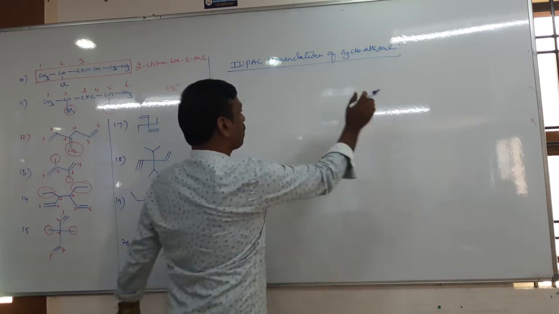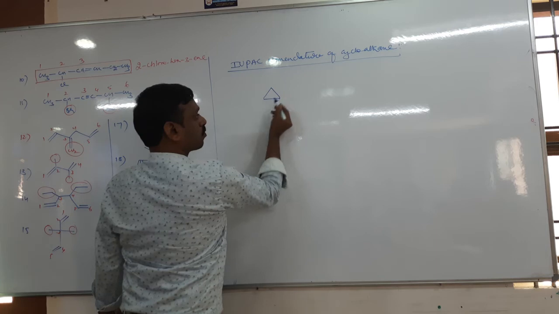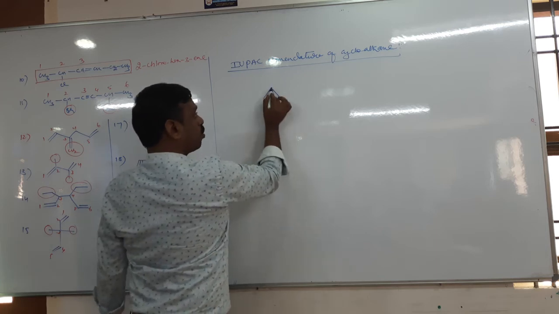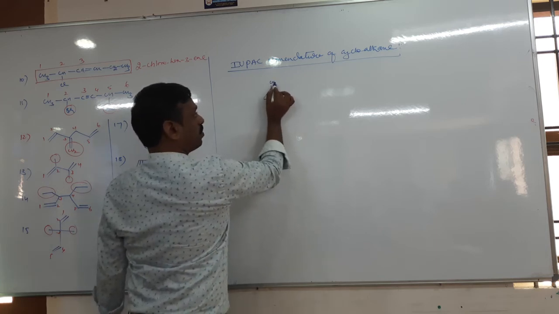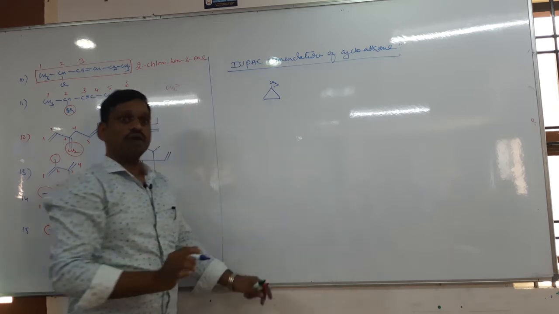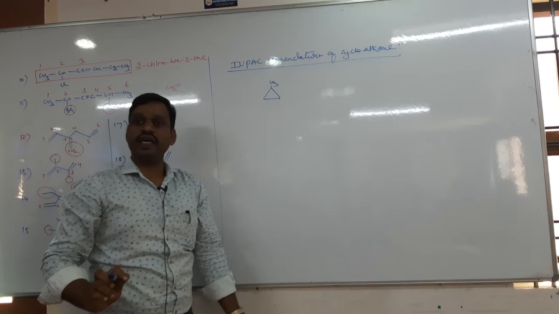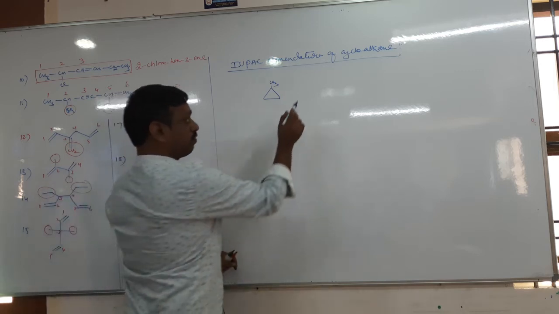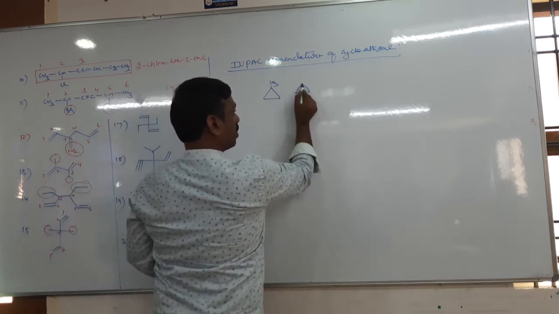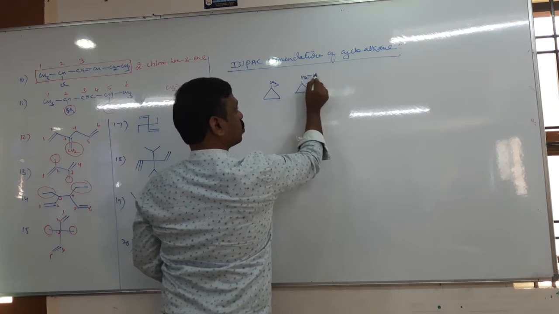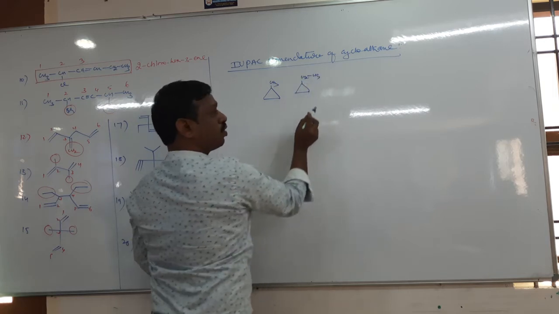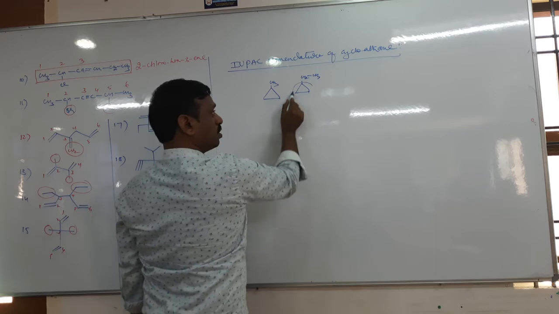For example, it is a cyclopropane, cyclopropane containing a side chain. If there is one side chain, then tell me, where is the more number of carbon atoms? Cyclic ring. Then the cyclic ring should be taken as the parent chain. If the cyclic ring has 3 carbons and the side chain has 2 carbons, then also which is taken as parent chain? Cyclic ring.